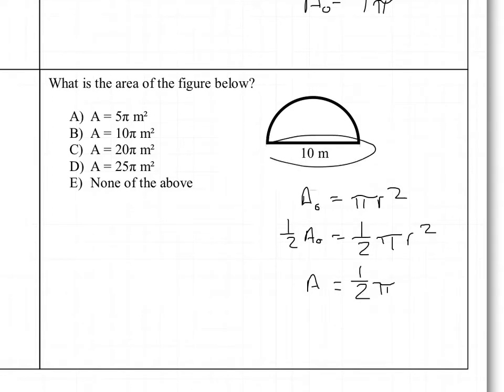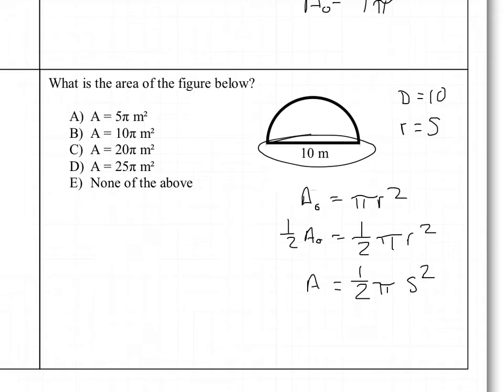Now looking here, I've been given the diameter, and so I know that if the diameter is 10, I can't plug that in for r because it's not the same thing, but I can identify that the radius is half of the diameter, which would be 5 squared.